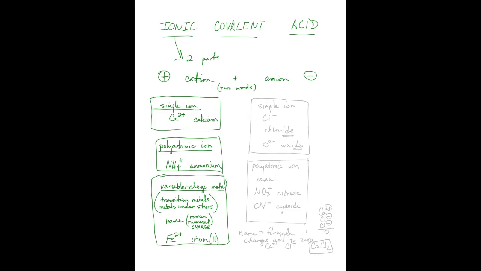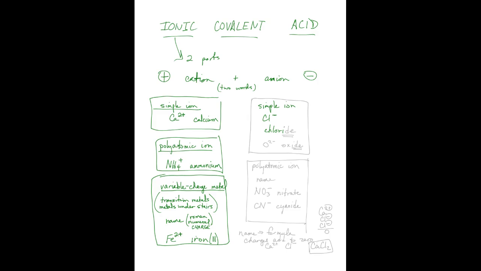The second word we write down is the anion, and again there are different kinds, so let's talk about them. We have a simple ion, and this could be something like chlorine. So chlorine as an ion would have a -1 charge on it. We know that because it's 1 away from the noble gases going to the right. So we would write chloride. Now, chloride is not the same as its name.